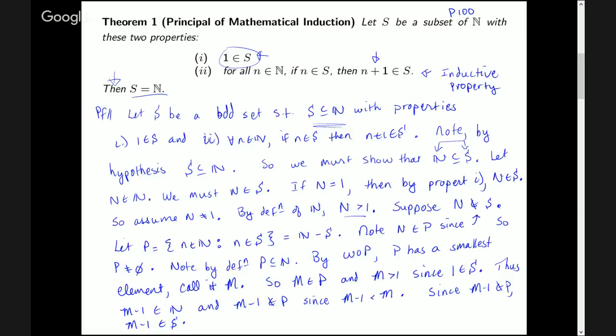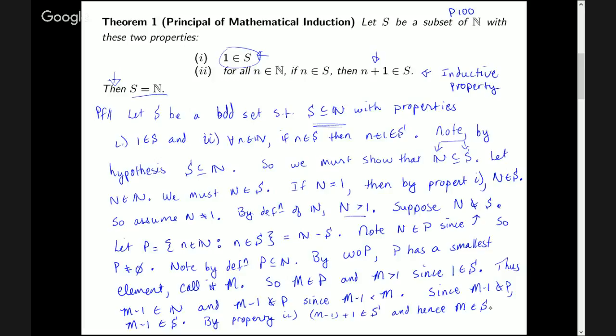But if M minus 1 is in S, by property 2, I called it I guess, by property 2, I know that M minus 1 plus 1 has to be in S. But what is M minus 1 plus 1? You subtract 1 and add 1, what do you get? The same.